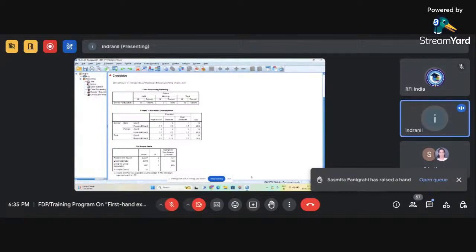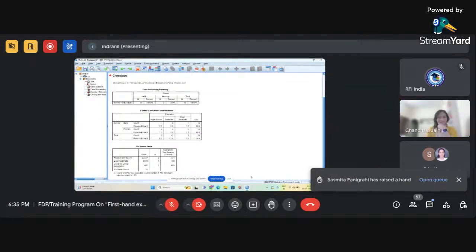Okay, got it. And ma'am, from the chi-square table, it's found that there are 20 cases in the data set, and no missing value is there. Correct.